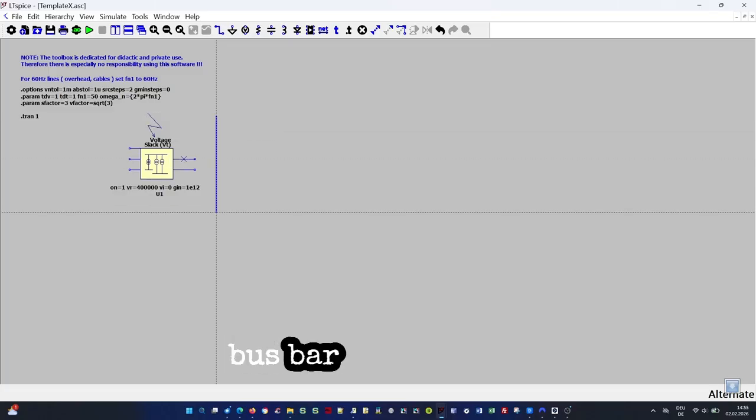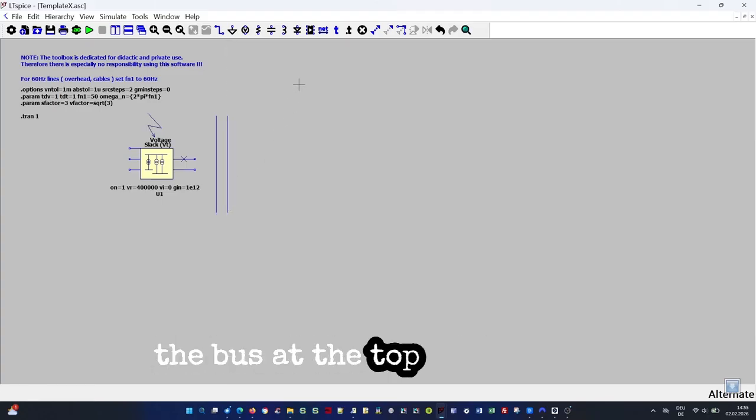Next, we draw the bus bar for bus 1. First, I draw the bus with lines. Then I add the symbols for the bus at the top and bottom.